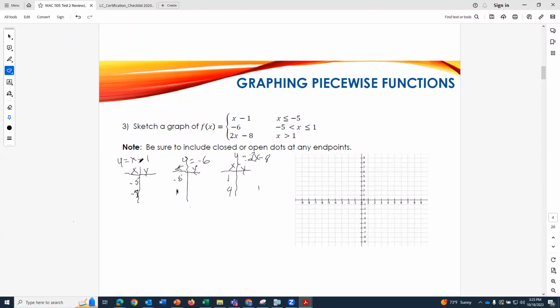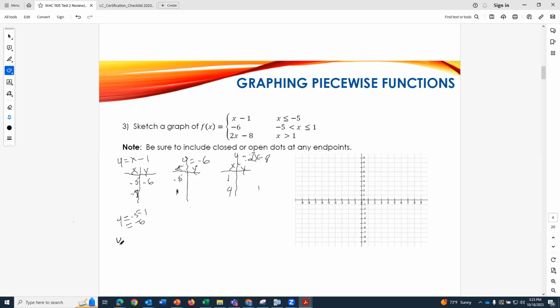And now we plug in here -5, that means my y will be -5 minus 1, which is -6. And I put my -6, that is 1 point.